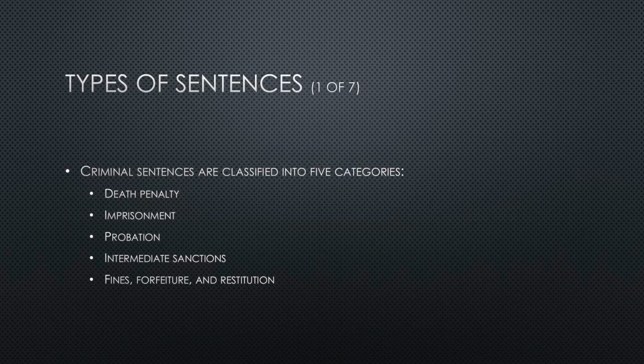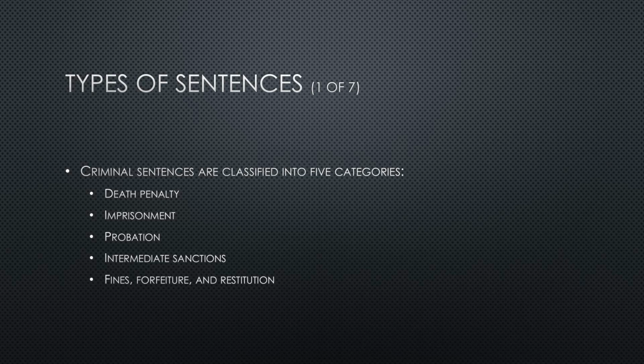So what types of sentences exist? Well, there's a range. All the things that you might think of are probably a ticket, so a small fine, to taking someone's life with the death penalty. So the death penalty is certainly the most egregious punishment that can be administered. Imprisonment could be anywhere from, let's say, from 2 years to life, or from 5 to 99.